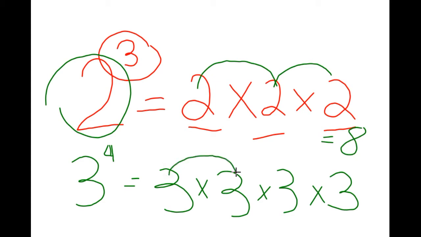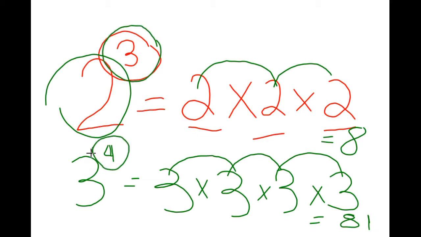And 3 threes are 9, 9 threes are 27, 27 threes are 81. So 3 to the power of 4 gives you 81. Now these two were the numbers with positive indices, positive powers. 2 was raised to the power of 3 and 3 was raised to the power of 4.